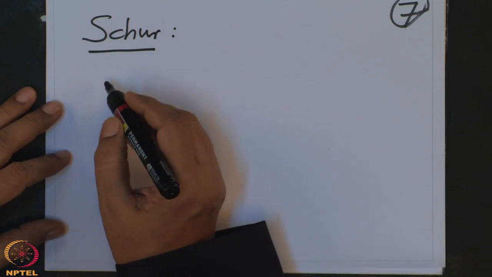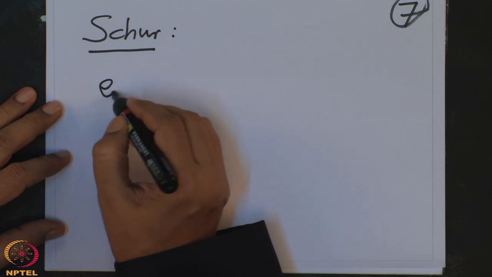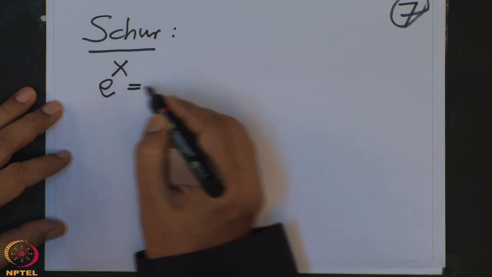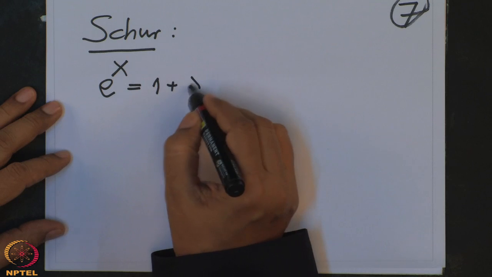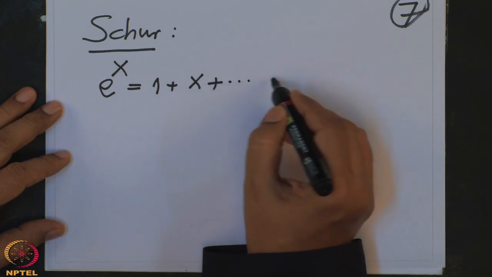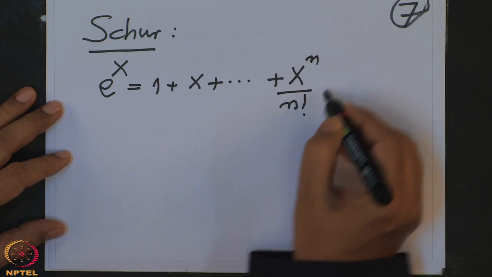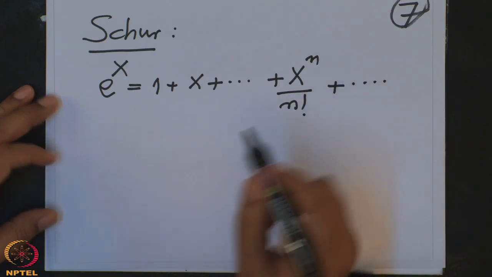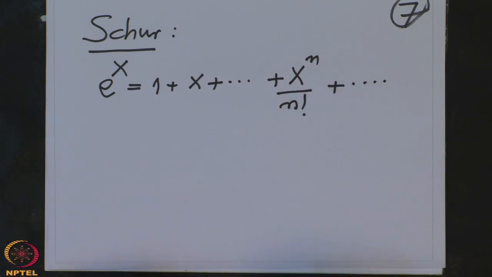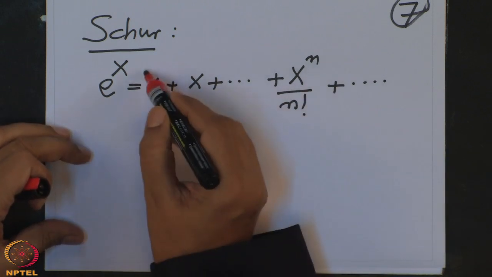All right. So you look at the exponential series e power x. This is 1 plus x plus and so on, x power n by n factorial and so on. And now I want to make a polynomial, so I should only consider up to here.